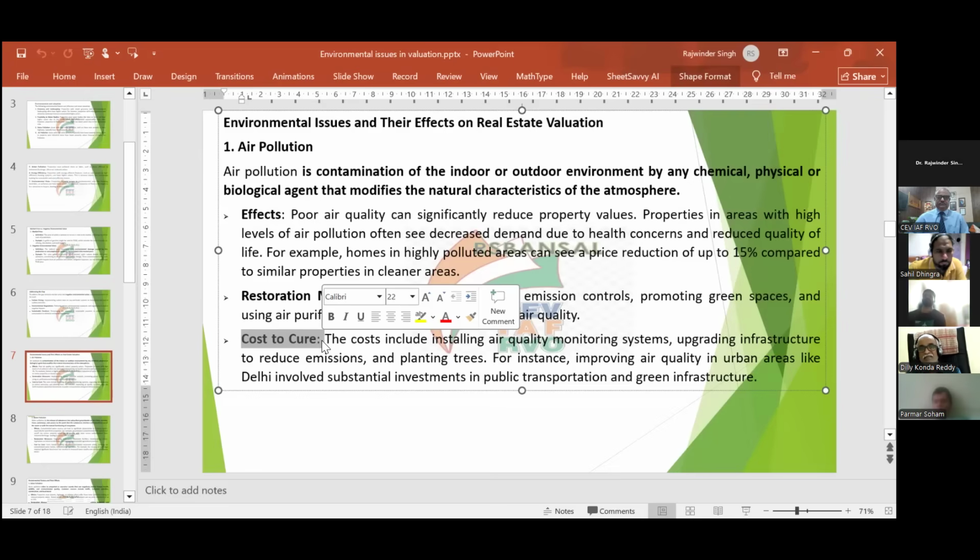For example, if you have to reduce air pollution, you may be installing air quality monitoring systems, upgrading infrastructure to reduce emissions, planting trees, etc. For example, improving air quality in urban areas like Delhi involved substantial investment in public transportation and green infrastructure.